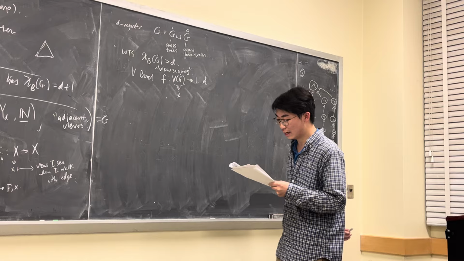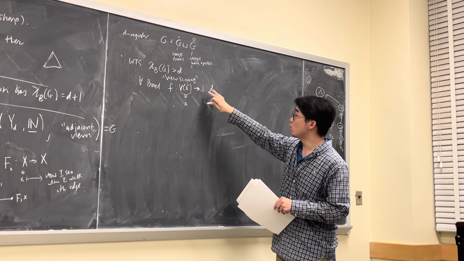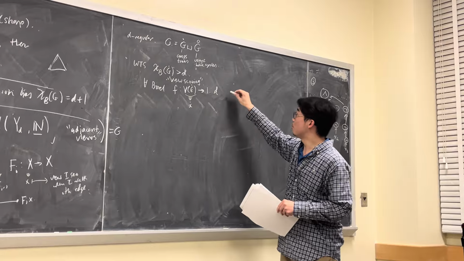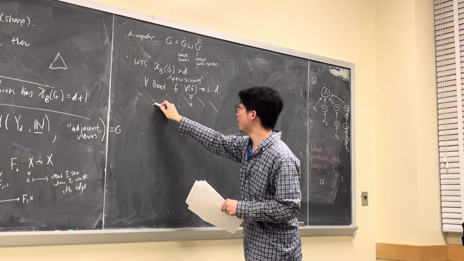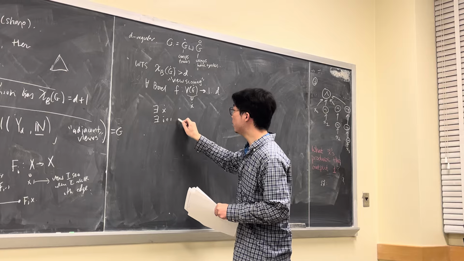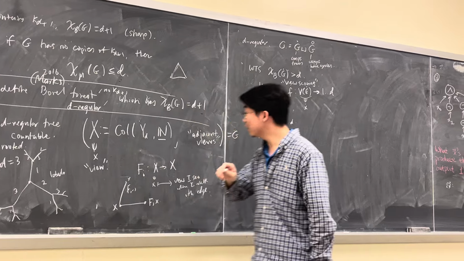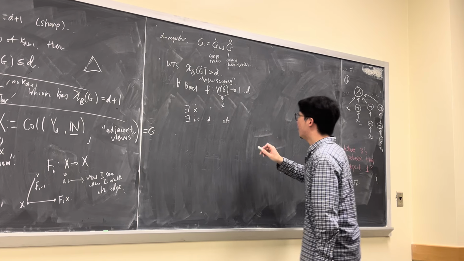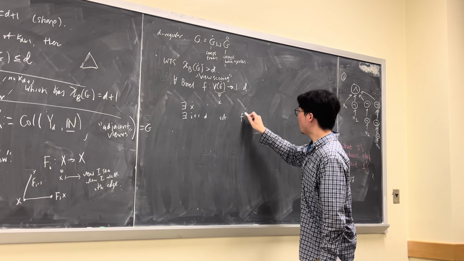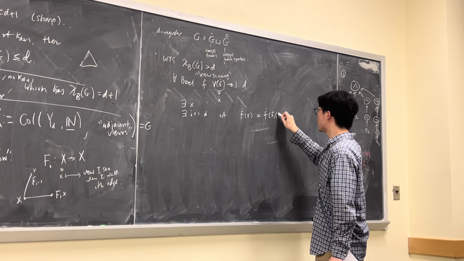I want to show that for all Borel functions f dot from this to 1 through d, this is not a proper coloring. Okay? So in other words, there exists an x dot and there exists an i in 1 through d, which are the paths, sorry, the edges, such that f dot of x is equal to f dot of fi of x.